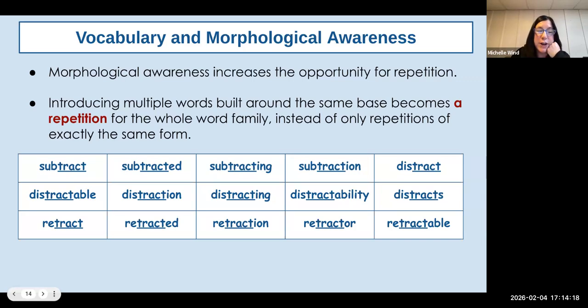So if a student can recognize the base TRACT in one word, it increases their opportunity for repetition when they see it with different words that have different prefixes and suffixes. So if you look at this one base tract, you can see all the other words that can be created with that one base. As Pete Bauer says, if you learn one, we throw in a whole bunch more for free.